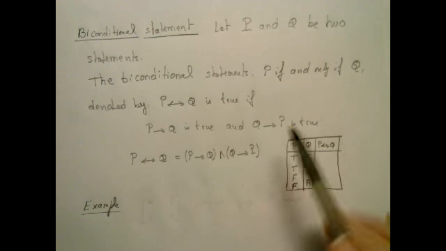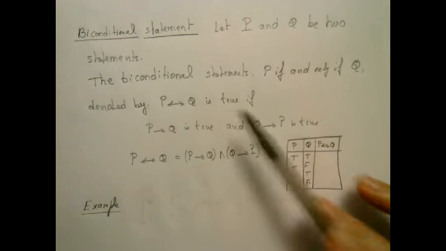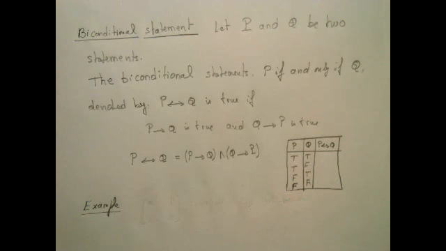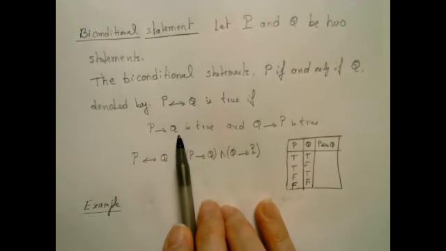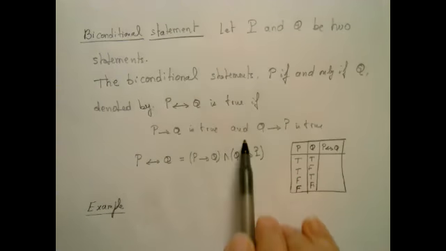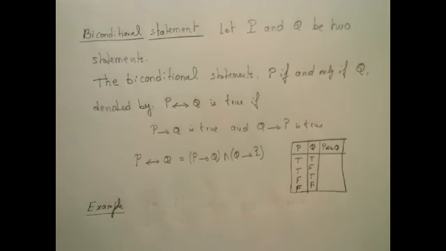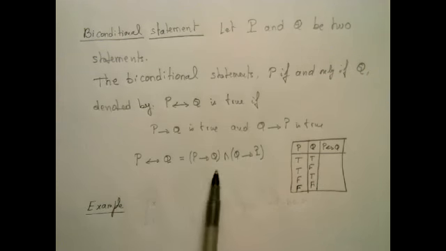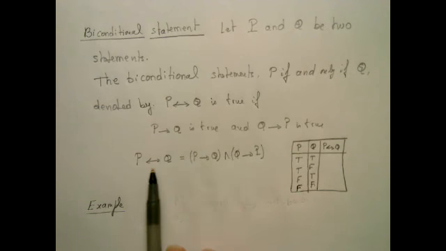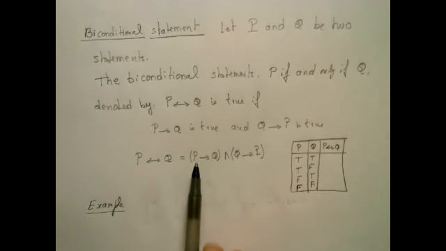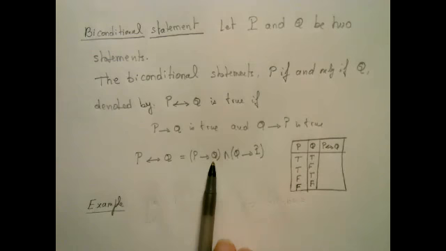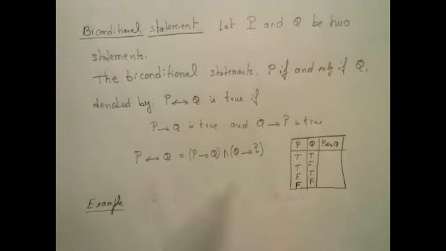So now we say that P if and only if Q is true, it means that if P then Q is true, and if Q then P is true. So both of them, the statement and its converse, have to be true. Mathematically, P if and only if Q means if P then Q, and if Q then P. So that's what it means to be true.